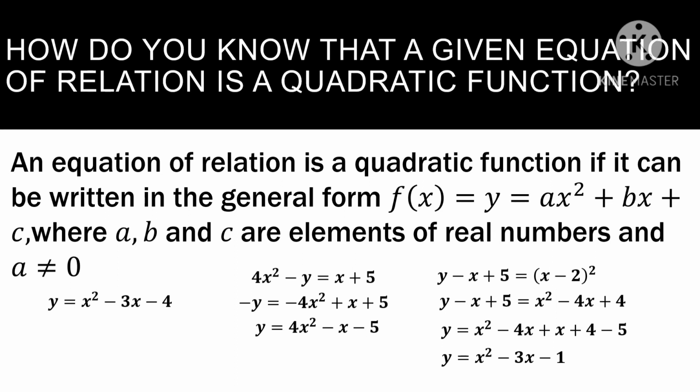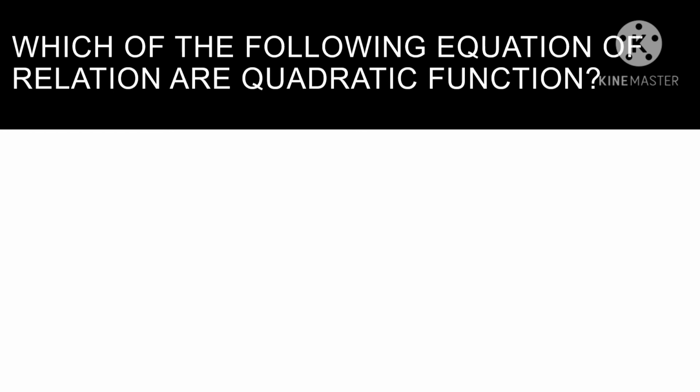Okay, so that is how we identify if the given equation of relation is a quadratic function or not. Okay, so let us have exercises. Which of the following equations of relation are quadratic functions? So you have x equals y squared minus 5x.